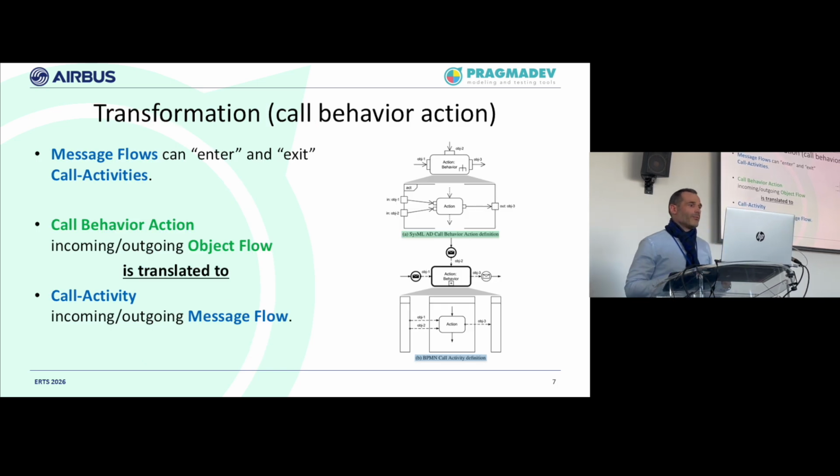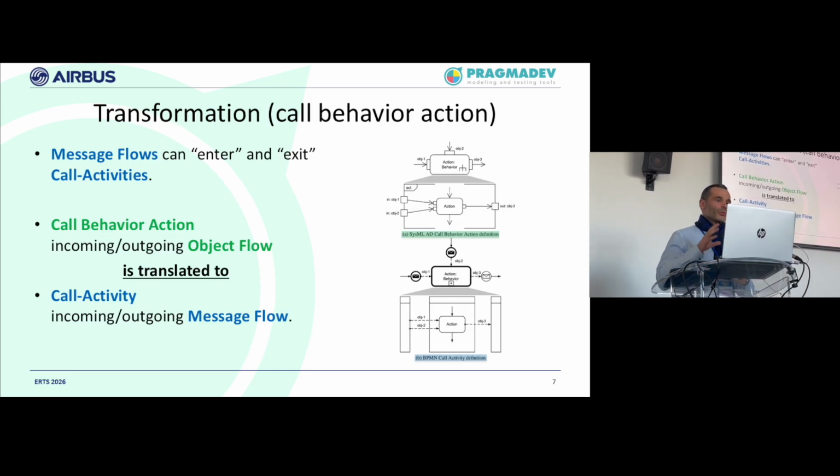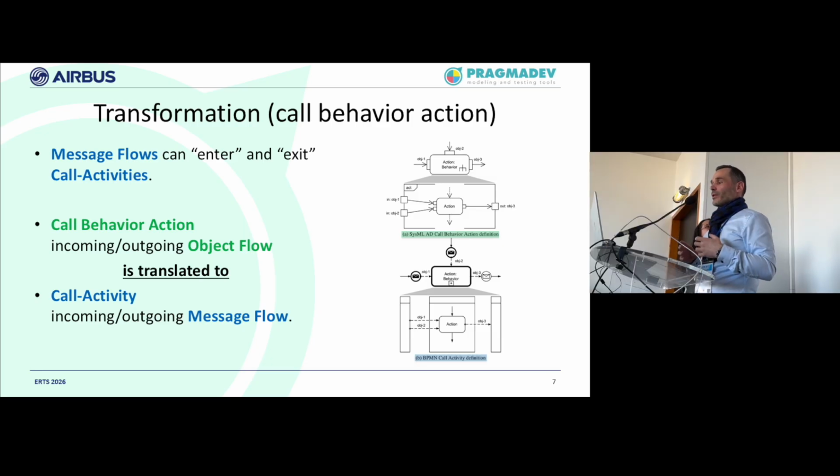So this kind of pattern allowed us also to tackle another issue, which was call activities or call behavior actions in activity diagrams. The idea here is that for the call behavior action, we had a direct translation to call activities.